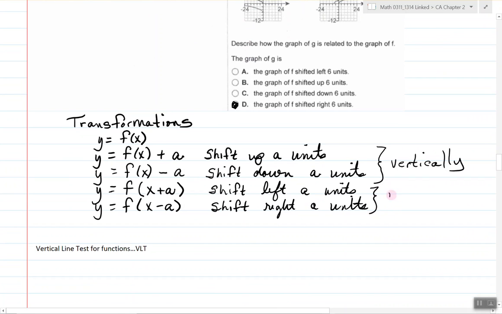So this is horizontal. And something that seems a little odd is that plus is an up direction, minus is a down direction, but when you're talking about the horizontal shifts, it goes in the opposite direction of what that says. So, like I said, this is in some of your notes. This was our first exposure to it.